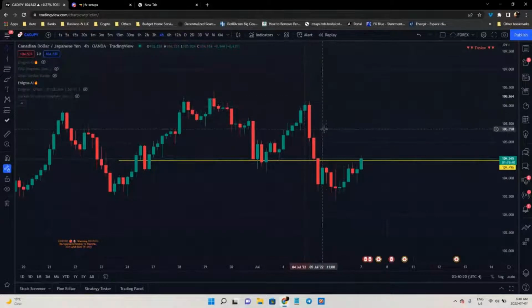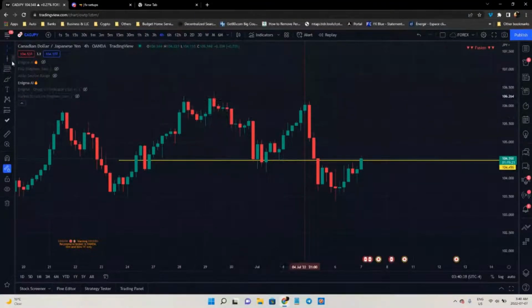a swing failure pattern. Okay, so this is the price trying to reach the highest point, but going at least 50% of the last push. So that was the last push up.